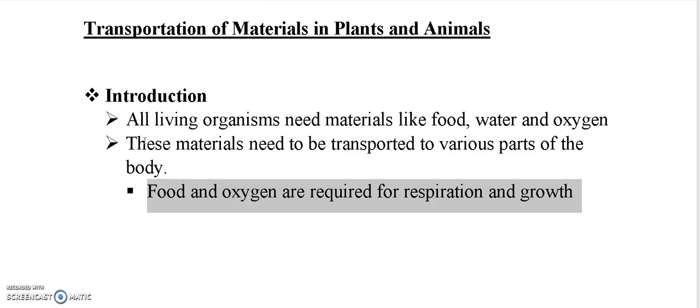When our body gets food and oxygen and starts working at a cellular level, waste products are generated, and naturally we need to get rid of these waste products.